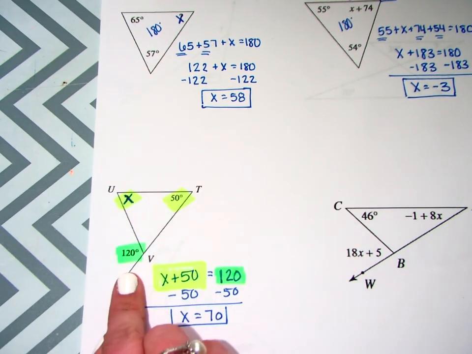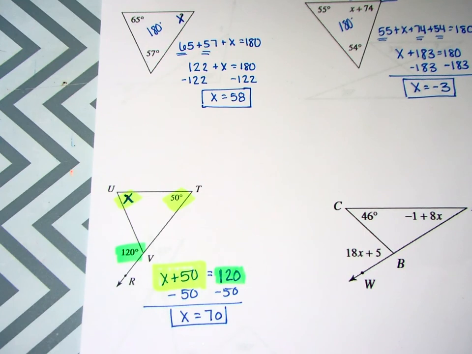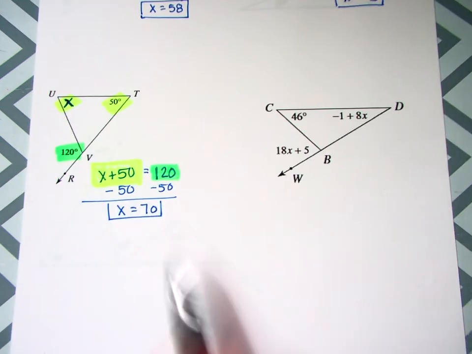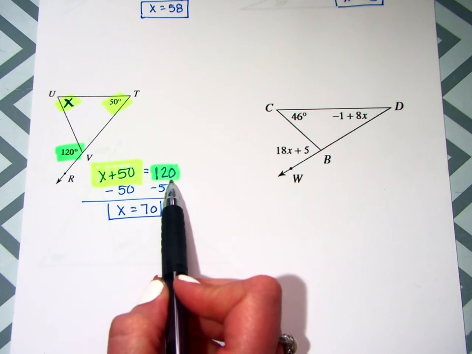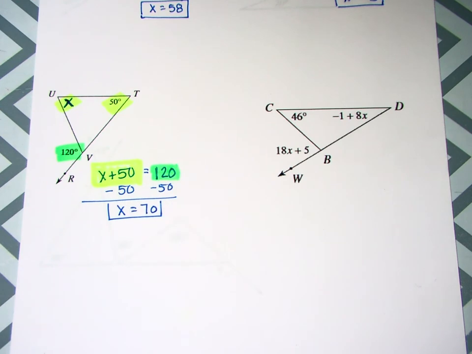Once you have that exterior angle, you want to make sure to analyze your problem to solve it the right way. Again, you can do this problem without an equation, but it's not good math practice to do that. You need to understand where the equation is coming from, because a lot of us have trouble building that equation.